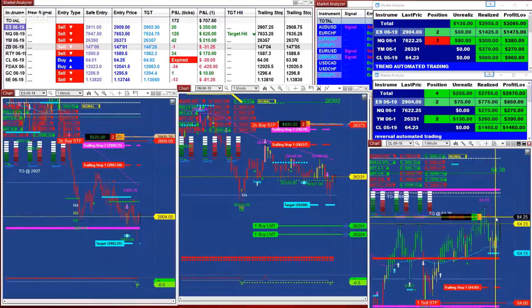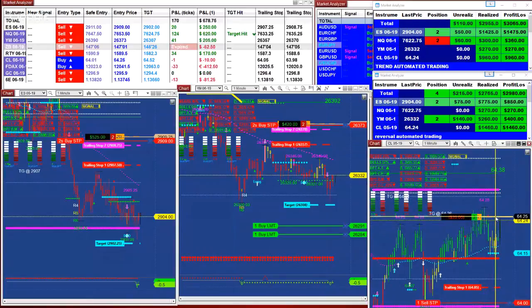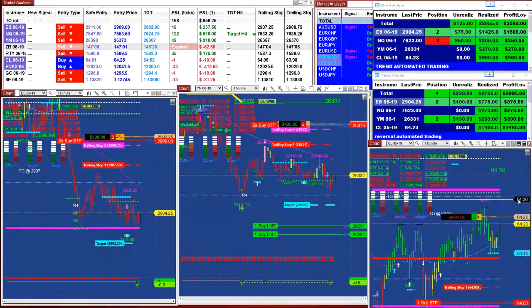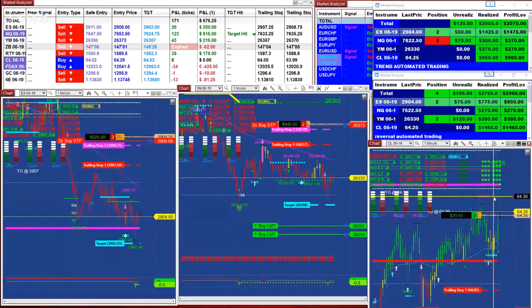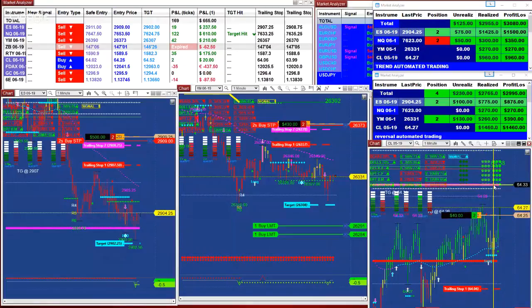If you're not on the CL trade, try a limit order at 64.25, a buy limit order on the Simplies. But then you have to consider those 64.30, 64.32, 64.33. Be careful with it, please.